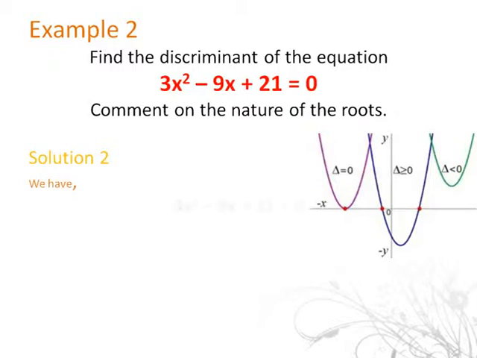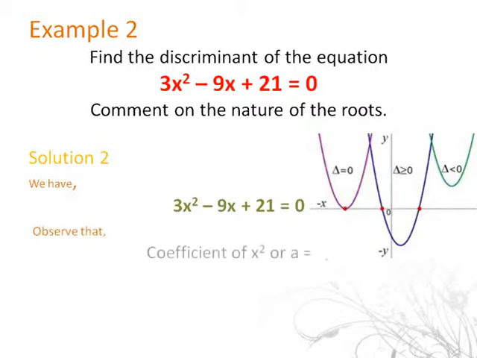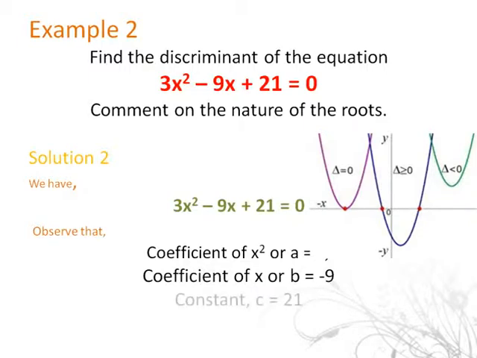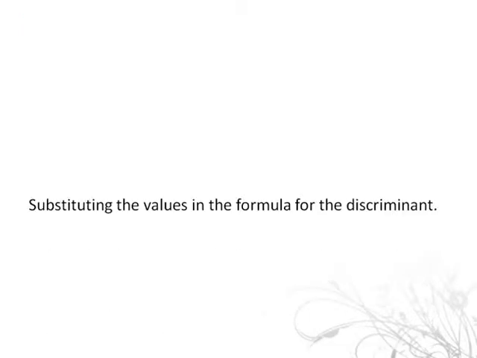We have the quadratic equation as 3x square minus 9x plus 21 equal to 0. If we observe in this, the coefficient of x square or a is 3, the coefficient of x or b is minus 9, and the constant c is 21. Substituting these values in the formula for the discriminant, we can find the value.